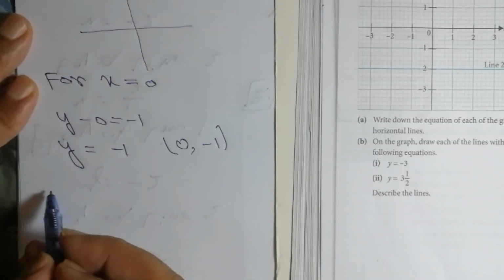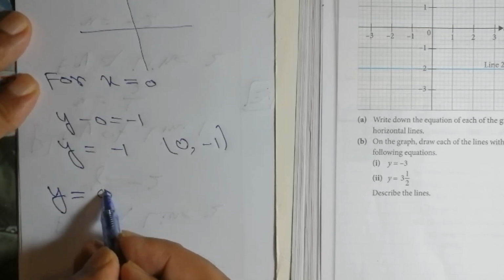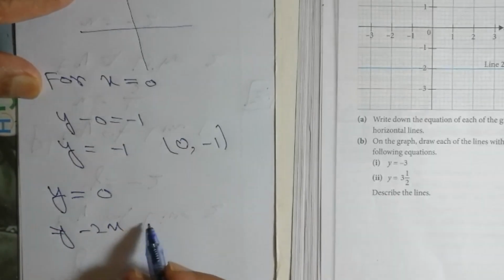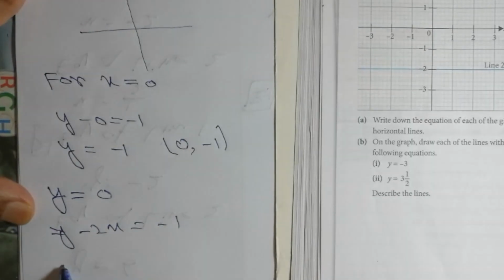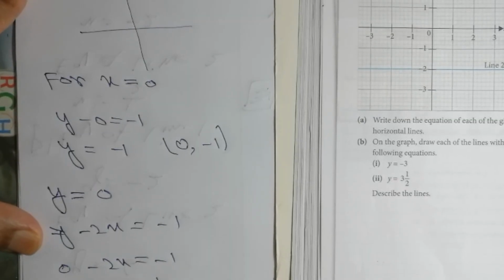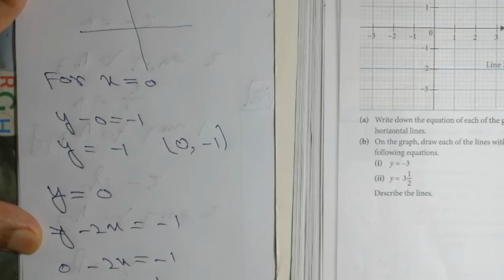And if we put y equal to 0, then 0 minus 2x equal to minus 1, so minus 2x equal to minus 1 and x equal to minus 1 over minus 2, the minus signs cancel. So x equal to 1 by 2. So this point is (1 by 2, 0).